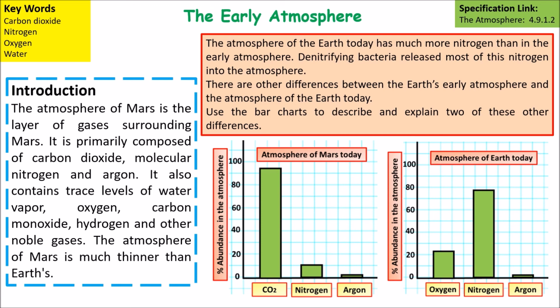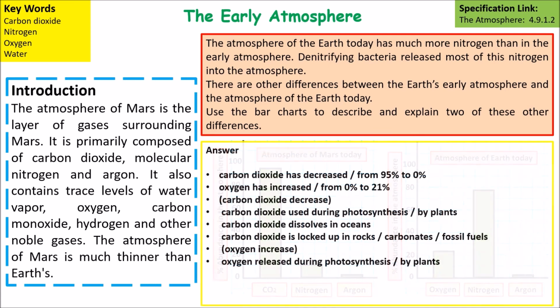Use the bar charts to describe and explain other differences. Some of the things that you might want to talk about is carbon dioxide decreasing, the oxygen has increased, talk about photosynthesis, talk about the carbon dioxide dissolving in the ocean or being locked up in rocks or forming carbonates or fossil fuels, talk about the oxygen increasing, and talk about this in terms of photosynthesis.